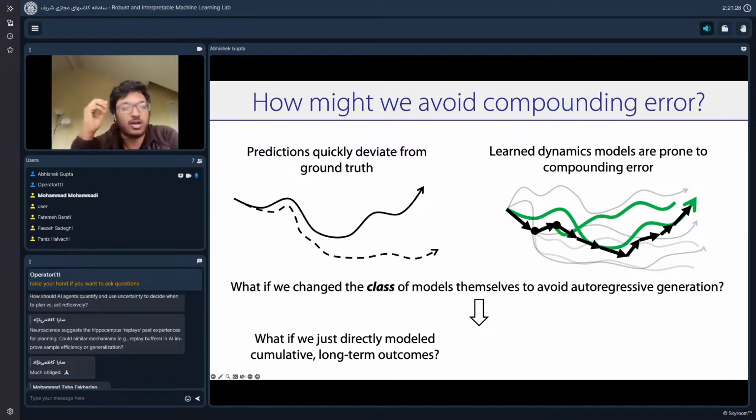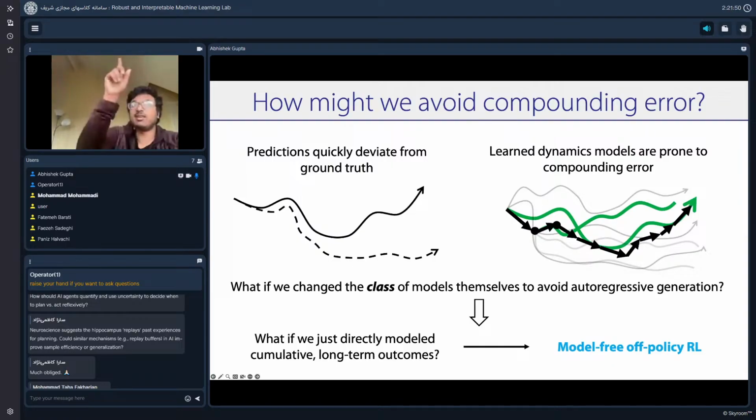You take in your current observation, then some element of control, and predict not just the next step, but what is going to happen over many steps in the future. We want to model the long-term future in order to avoid compounding error. Compounding error comes because you make a little mistake, you feed that little mistake back in, make a bigger mistake, you feed that bigger mistake back in, and it gets worse. What we want to do here is directly model cumulative long-term outcomes, so directly model what is going to happen over 100 steps or 1,000 steps in the future.